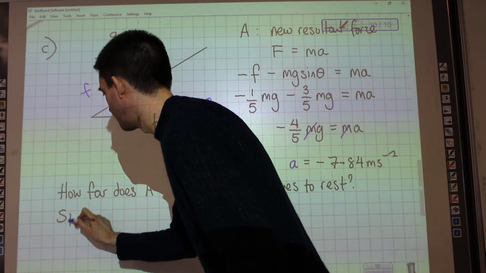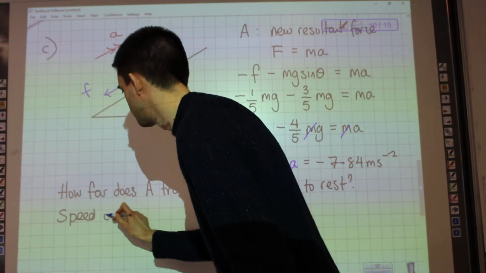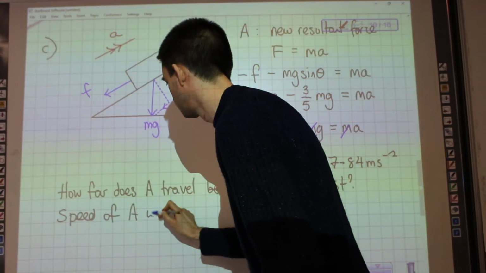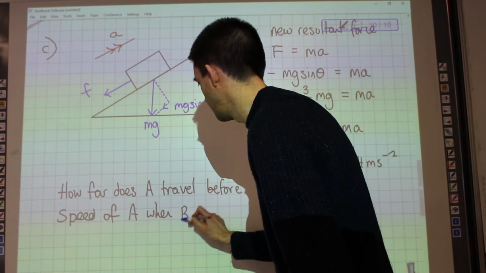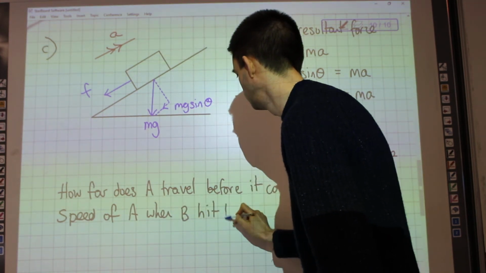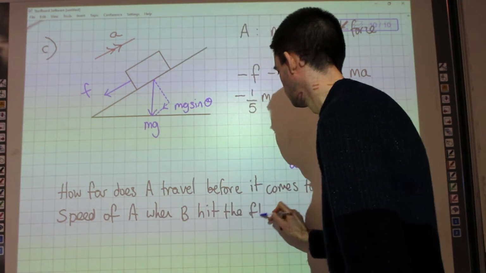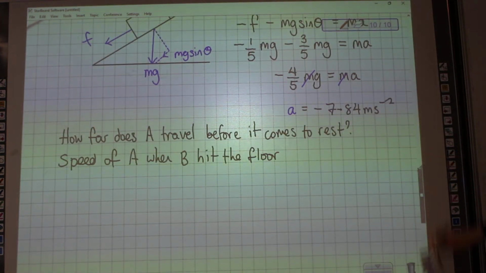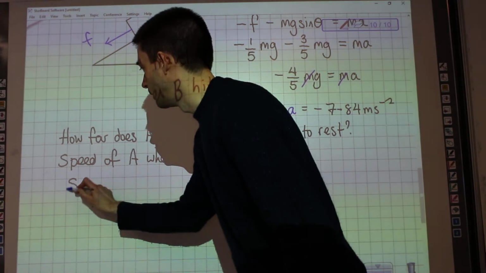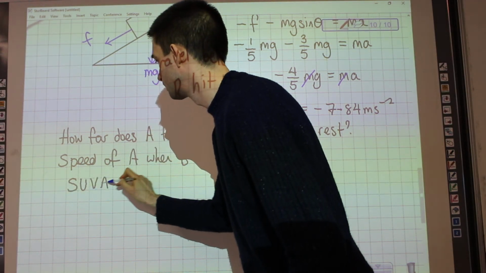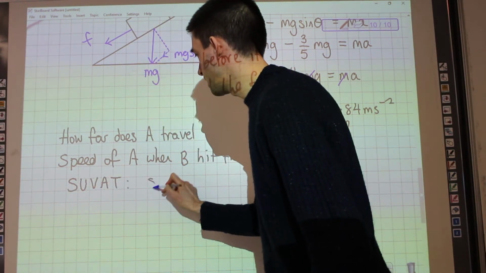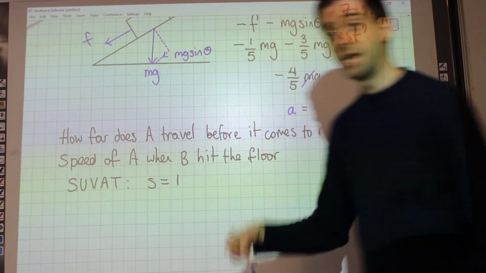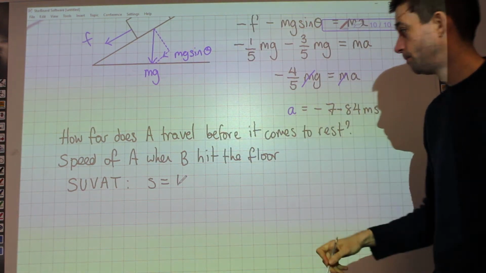So we're now going to calculate the speed of A when B hit the floor. And this is a SUVAT scenario again. We know that s is 1 because B had to go 1 metre down to hit the floor.